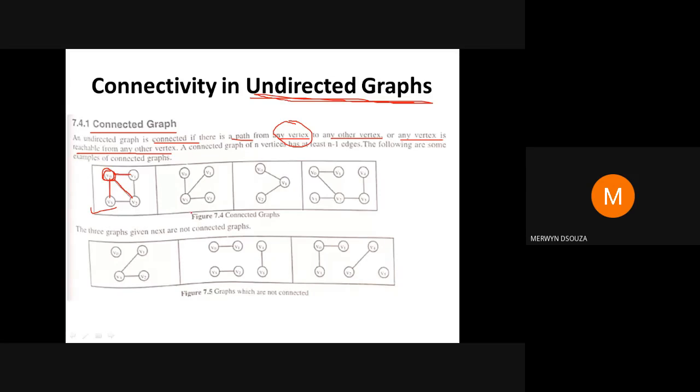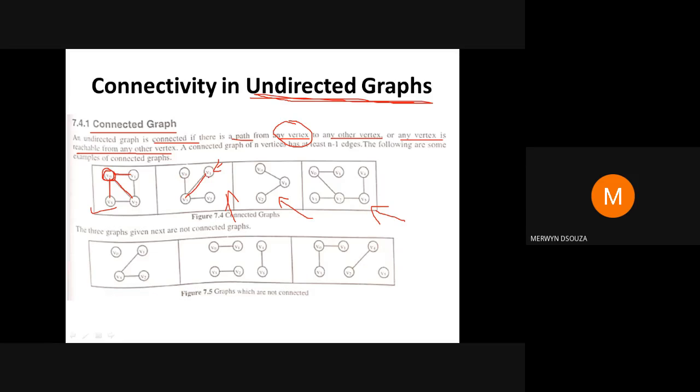Similarly, there are other examples here you can check. You take a graph and all vertices in that graph should be reachable from any other vertex. For example, see here, you take this vertex, there's a path from it to every other vertex. I can go to this.